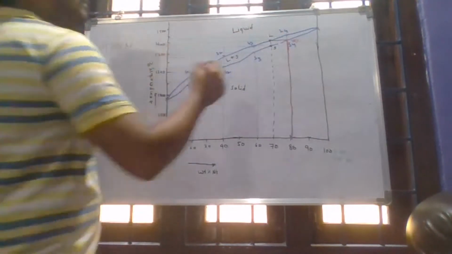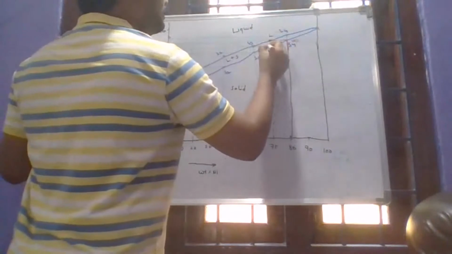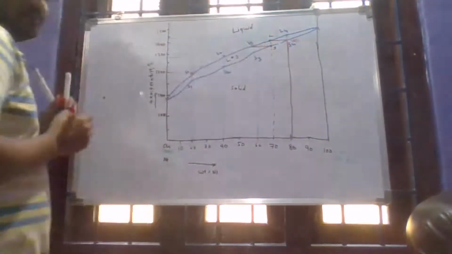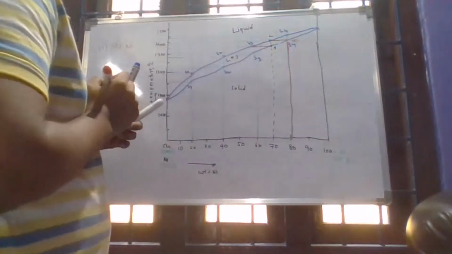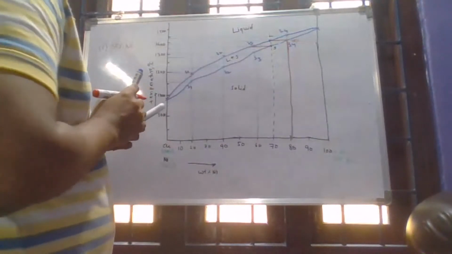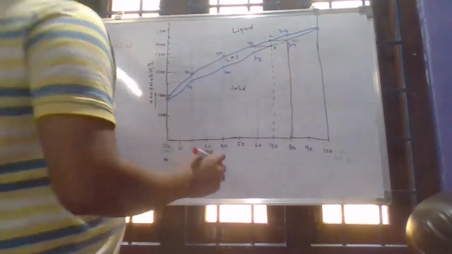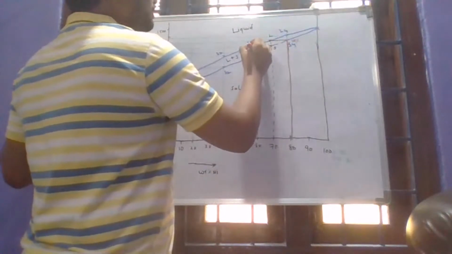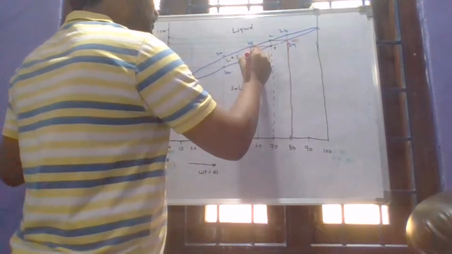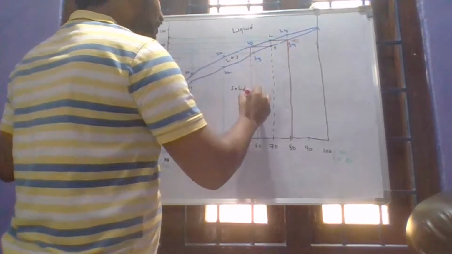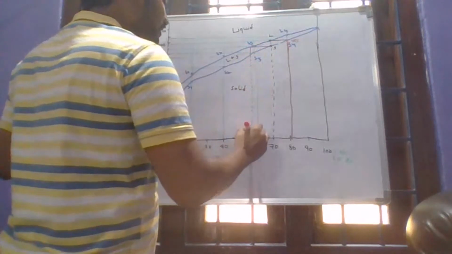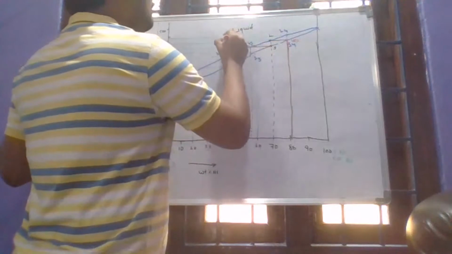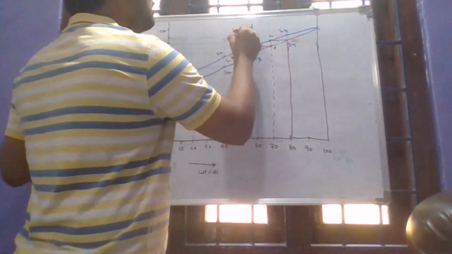Now, if you draw the vertical line meeting the liquidus line, wherever it meets the liquidus line, and then draw the perpendicular onto the x-axis, it will be somewhere around 58% nickel.